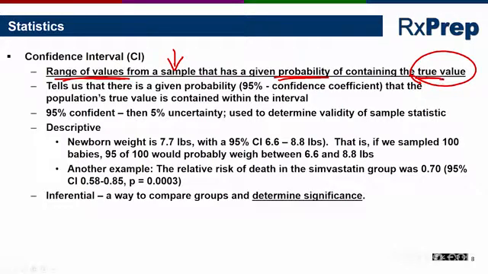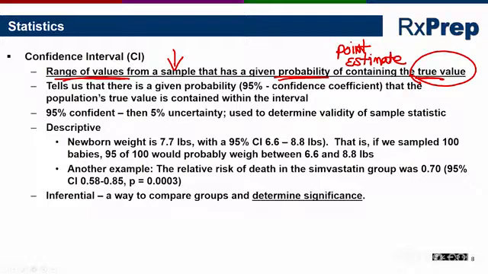What is this true value? Well, I'll show you in a moment. The true value is also known as, you may hear it described as, the point estimate. The true value or the point estimate.